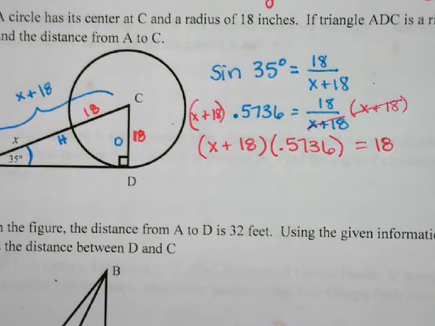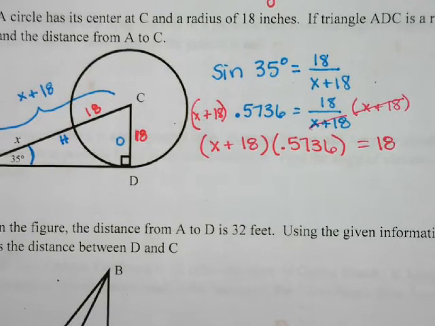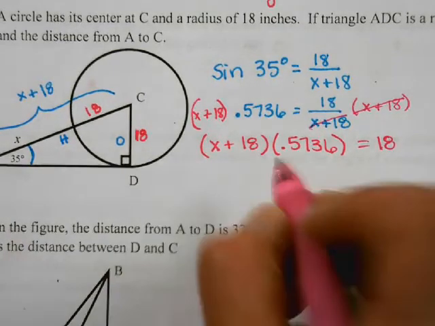What do you want to do now? Divide by 0.57, divide that sine of 35 there. Distribute, what do you want to do? Divide.